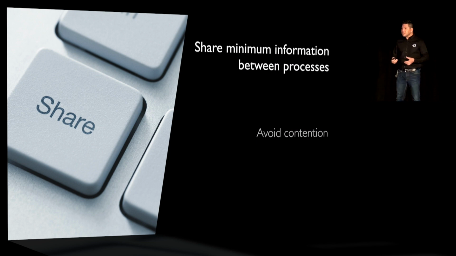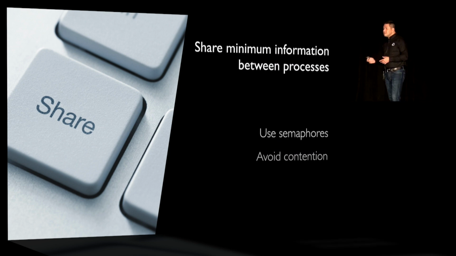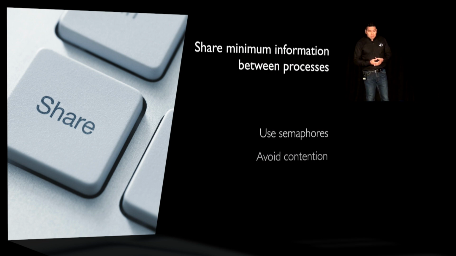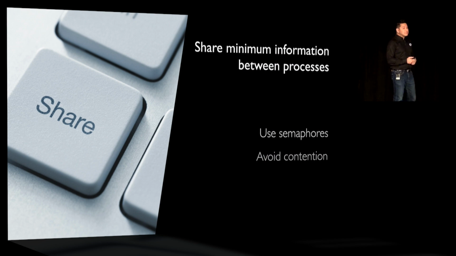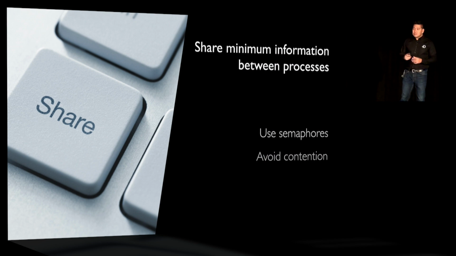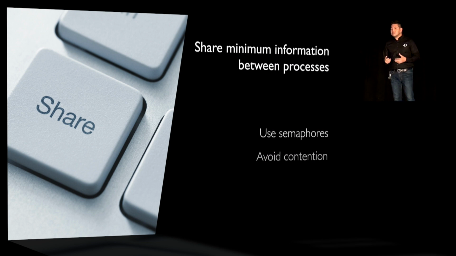And when we talk about contention, we often resort back to the use of semaphores to help us out. But using semaphores sometimes can be difficult and tricky. If you don't program it correctly, it could cause some serious problems or deadlocks.